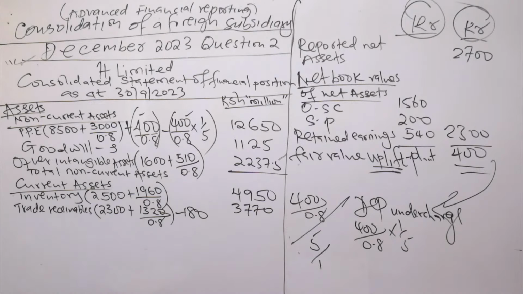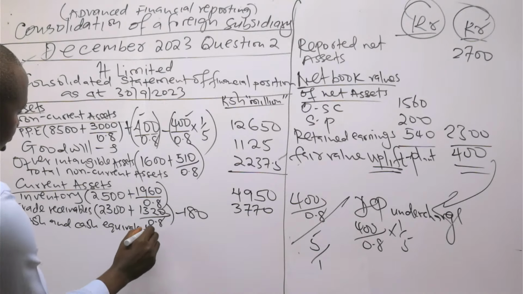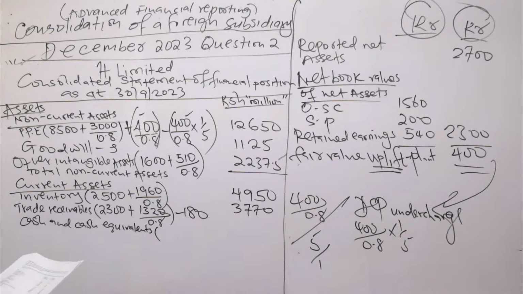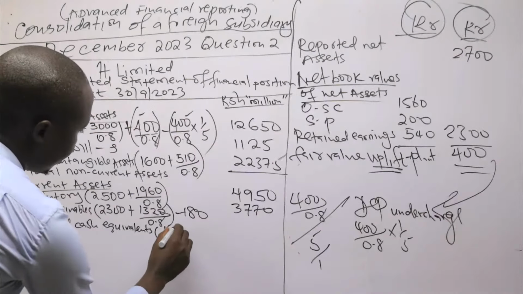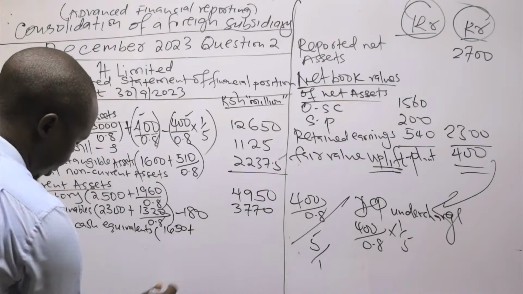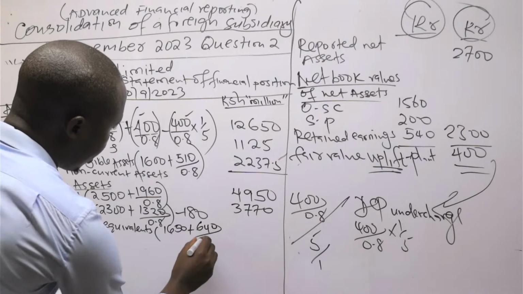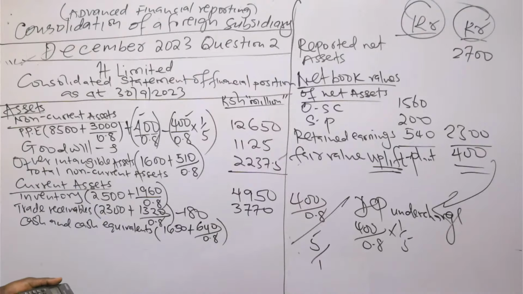Then the next thing to be consolidated is cash and cash equivalents. So the cash and cash equivalents, this is more direct: 1650 plus 640, translated at closing rate.